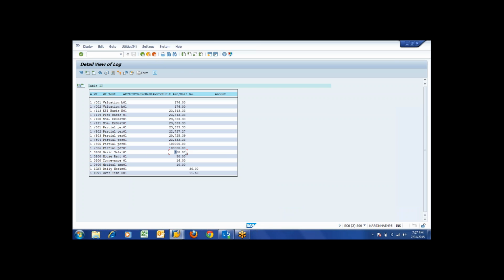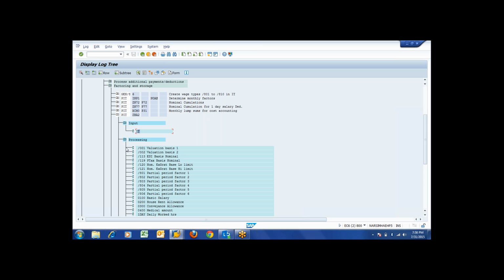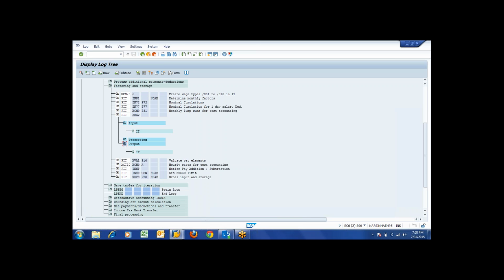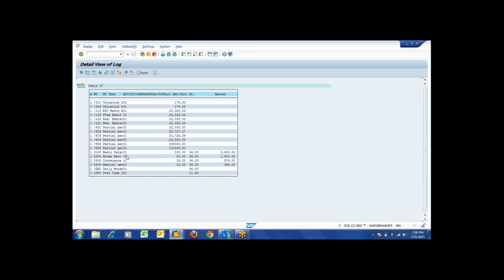So this 100 we are telling it should multiply with this 36 and output should be 3600. If you see in the output, you can check how it was happening. Here basic, this is 3600, so it was multiplied and we are getting the output for all the wage types. So this is how we write simple PCRs to evaluate these things.